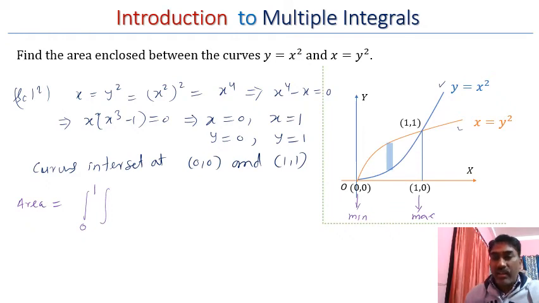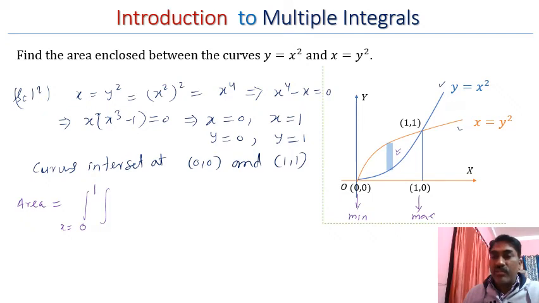The value of the second integral will be taken as the vertical strip shows, means the value of y will be here, and this is the value of x. So once we have taken a constant value of x, and again I am revising, the constant value is taken from minimum to maximum. So minimum is 0 and maximum is 1 on the x-axis. So we have taken x is equal to 0 to 1. Now we need the limit of y. So the limit of y will be taken as lower curve and upper curve.